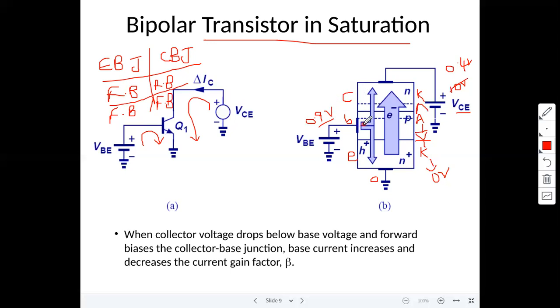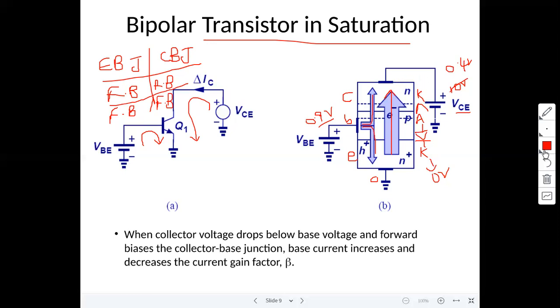When this junction is also forward biased, what happens? Holes are diffused into this side, and electrons are moving from emitter to collector.